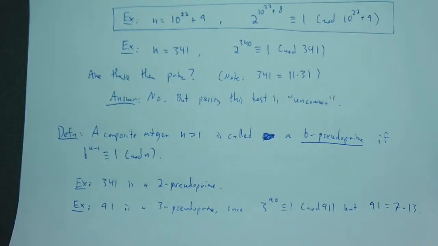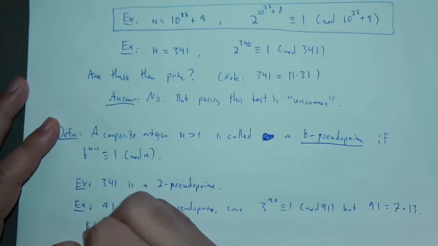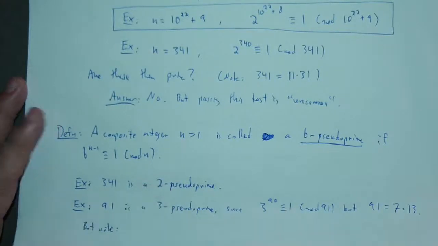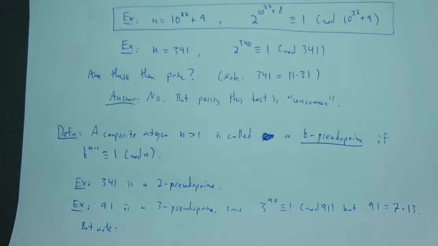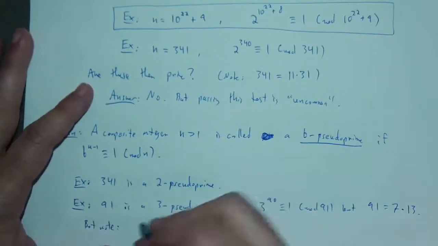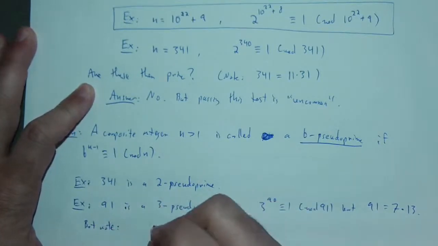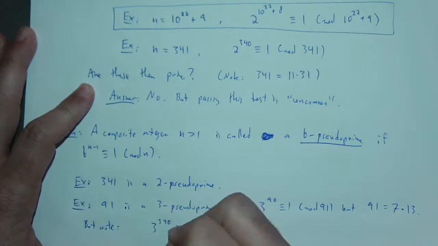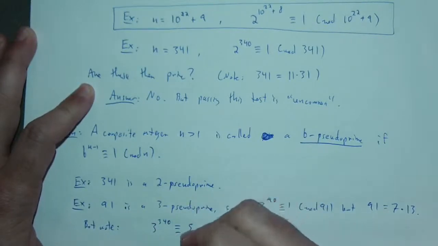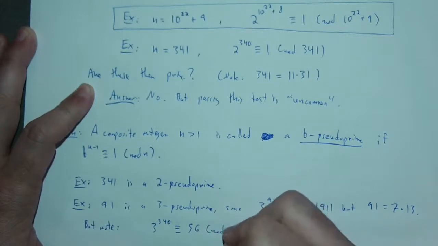But note, we could actually use the Fermat test to show that these things are composite by swapping the b's, right? So 341 is a 2 pseudoprime, but is it a 3 pseudoprime? The other question, 91 is a 3 pseudoprime, but is it a 2 pseudoprime? So if I compute 3 to the 340, that is congruent to 56 mod 341.